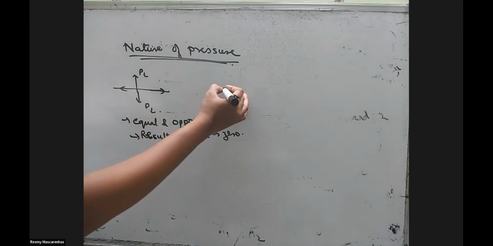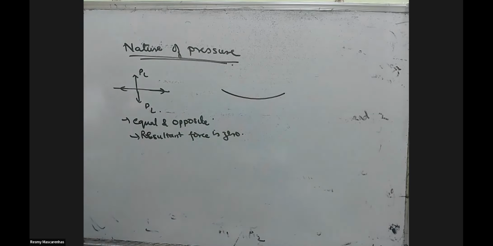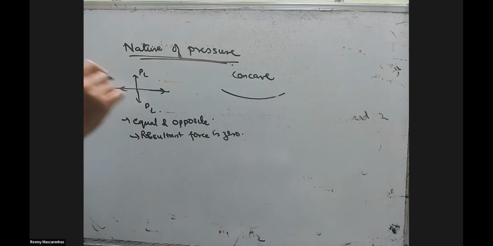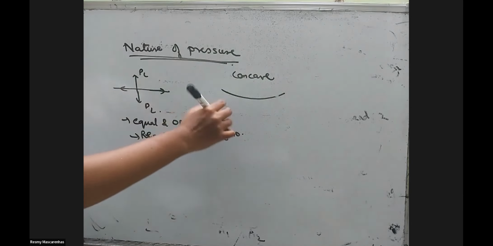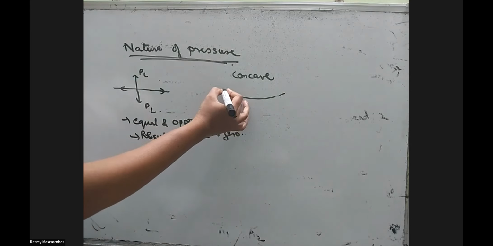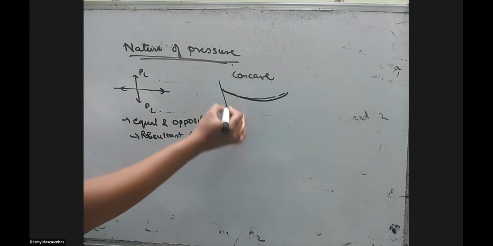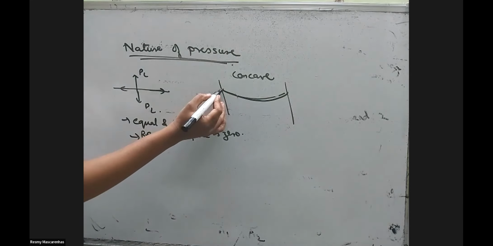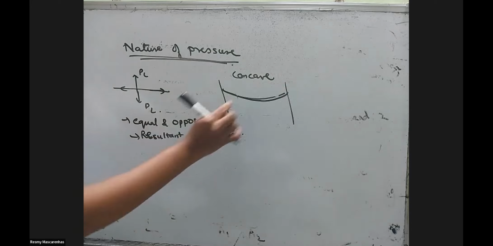But if you have a shape like this, that is called a concave. There are three ways. Here the liquid can form this type of shape. Whenever you put it in a capillary tube or a beaker, it might go concave like this.